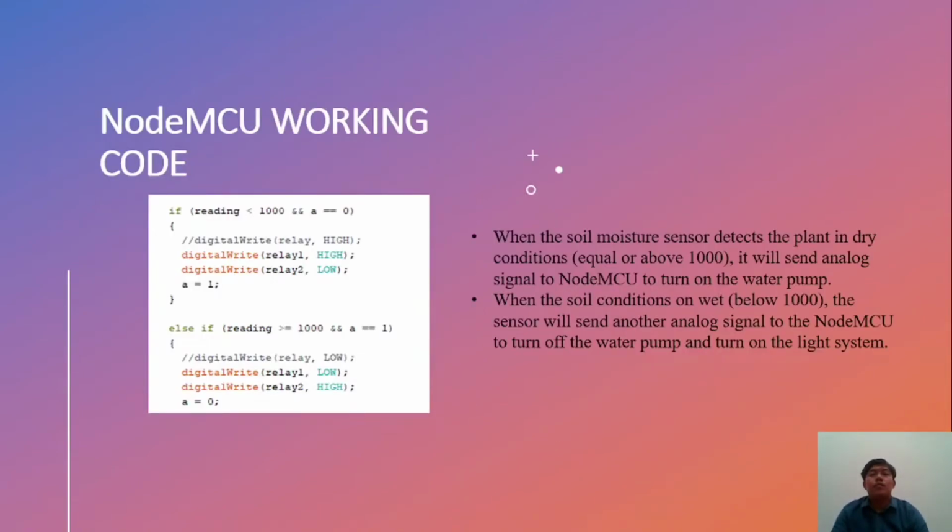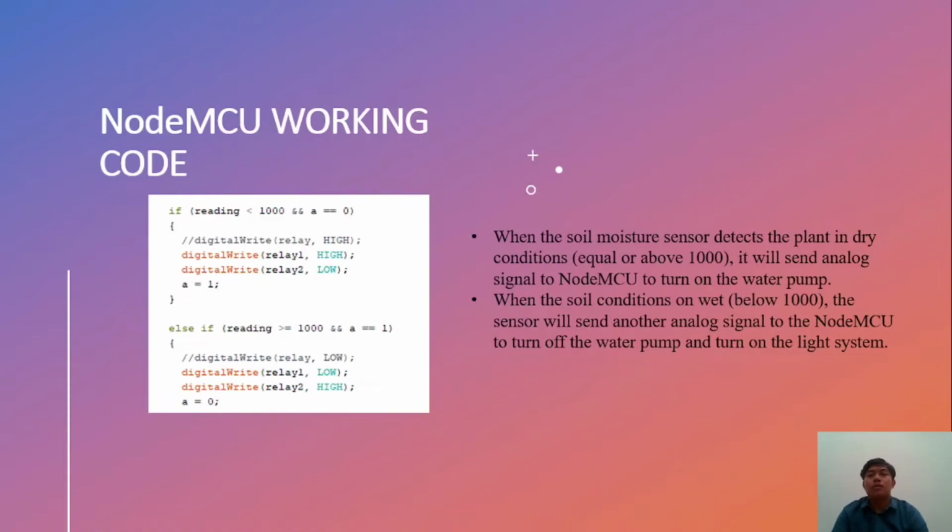For the NodeMCU working code, on the left is a part of the working code. So when the soil moisture sensor detects the plant in dry condition, equal or above 1000, it will send an analog signal to the NodeMCU to turn on the pump.